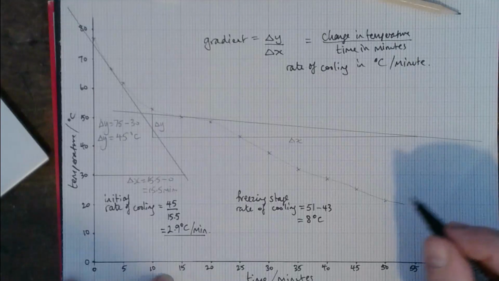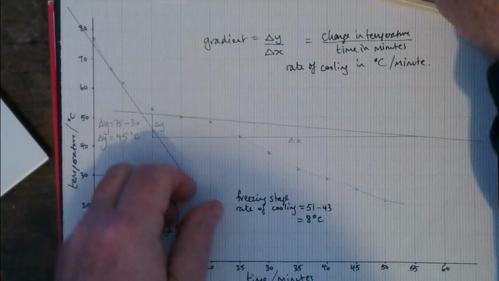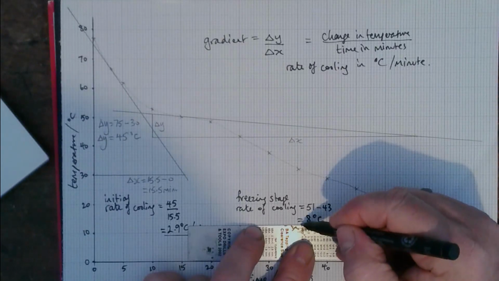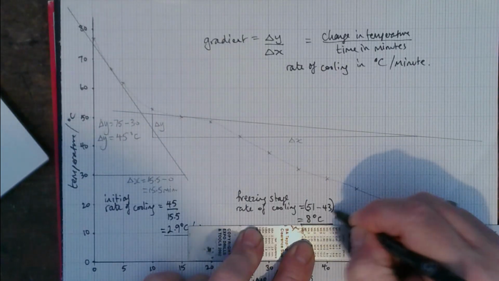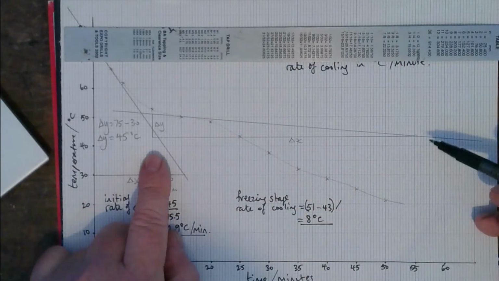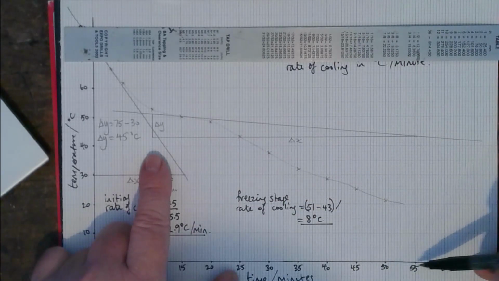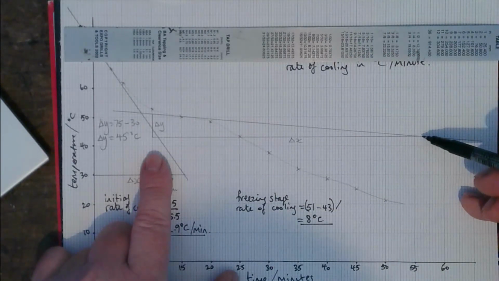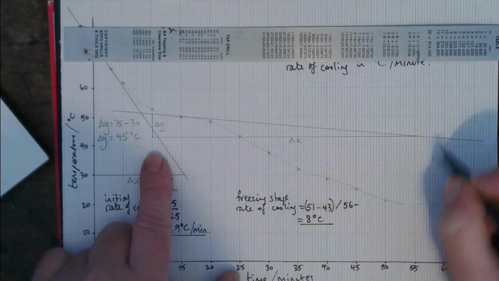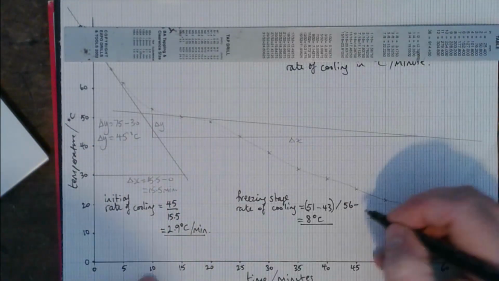divided by my change in x, and I'm going from, let's say 56 seconds, minutes rather, 56 minutes and 10 minutes.